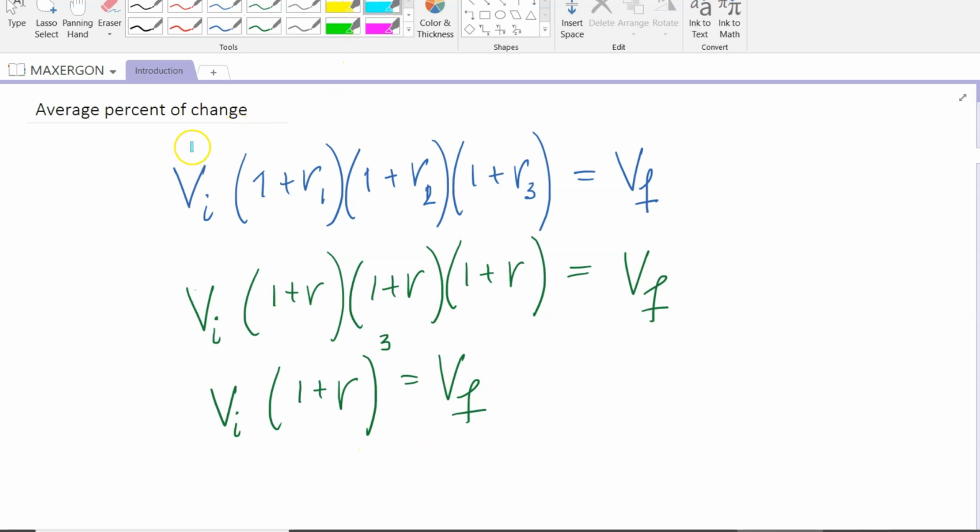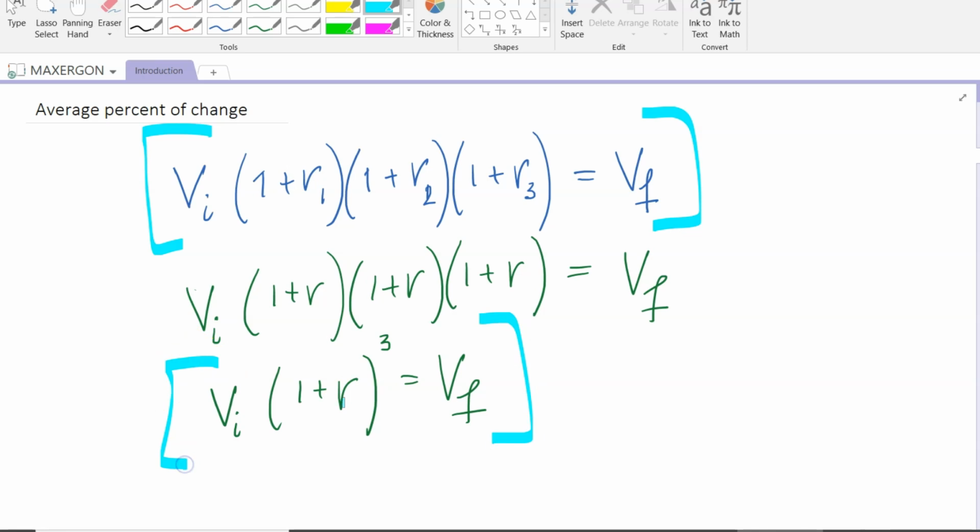If we now compare what I have done here with three different increases with what is written here, which involves the same percent increase 3 times, we can pose a question. How can we find this r, which if applied 3 times, will give us the same result as 3 different increases?